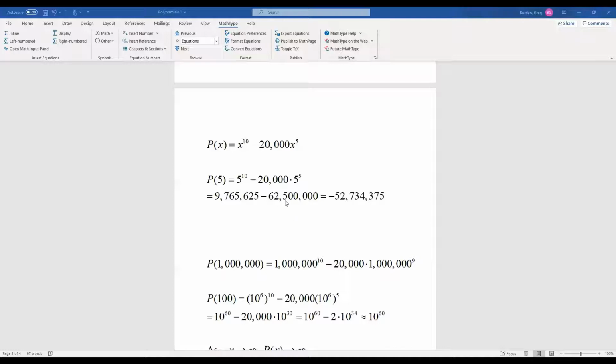So 62.5 million roughly, and it's negative because of the negative 20,000. If you combine those two terms, do the subtraction, we end up with about negative 53 million, and most of that is coming from the second term here.